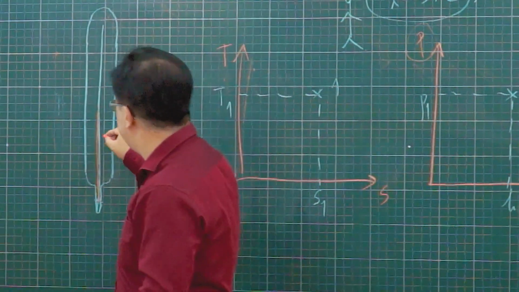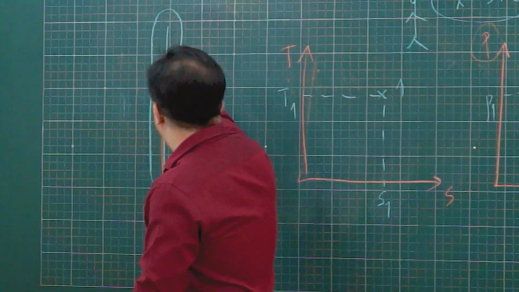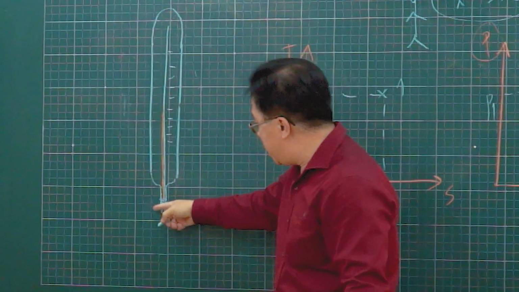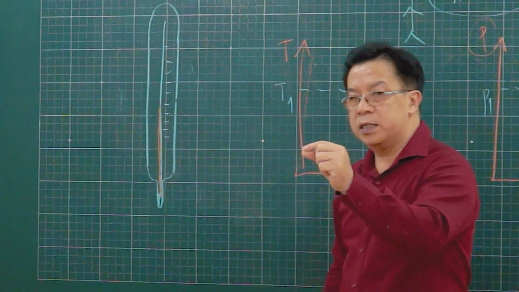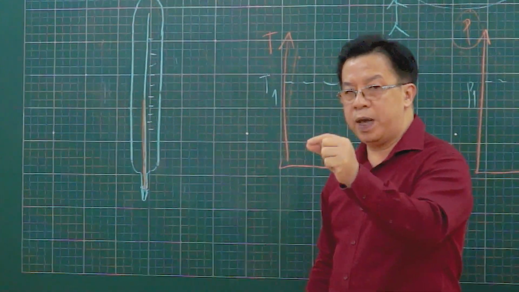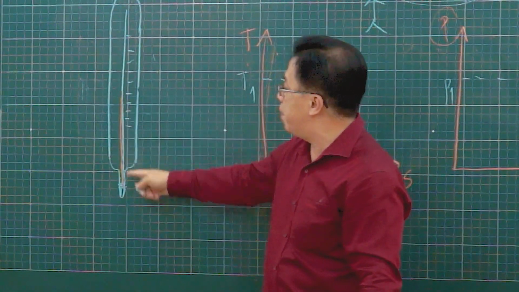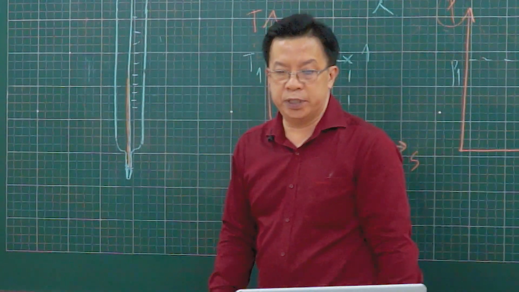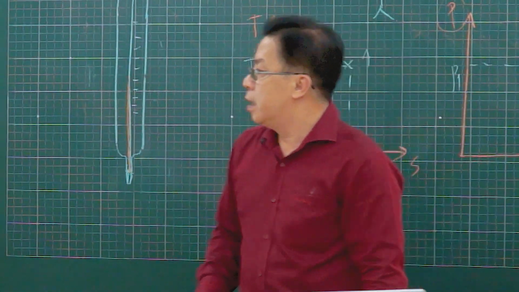In this tube they mark the temperature, and when this point contacts the place or object you want to measure, the alcohol or the mercury will go up or down in order to measure the temperature. So this one we call the mercury or alcohol thermometer.